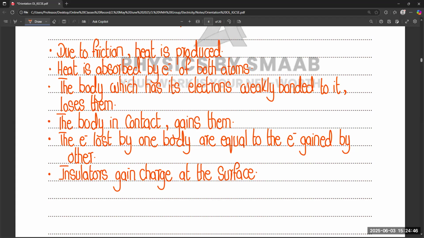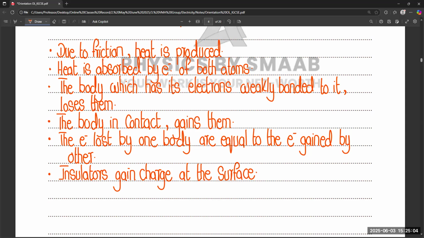Because in our daily life, what we observe, for example, if we are walking in a room continuously, and in that room there is only a carpet on the ground, and it is winter season, because in winter the movement of the particles is slightly slower as compared to the summer season.